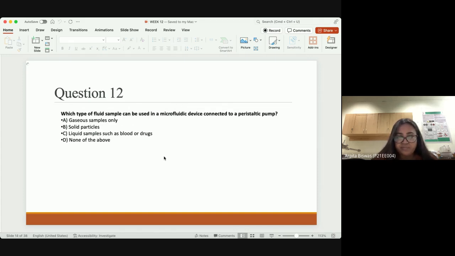Which type of fluid sample can be used in a microfluidic device connected to the peristaltic pump? First is the gaseous sample only. Second, the solid particles. Third, the liquid samples such as blood or drugs. And option D is none of the above. So go through the question carefully and find out the right answer.